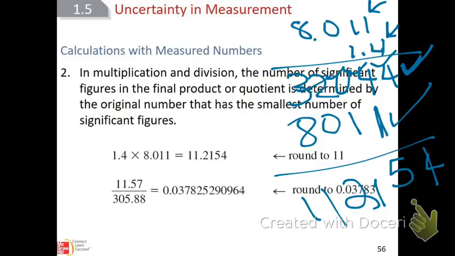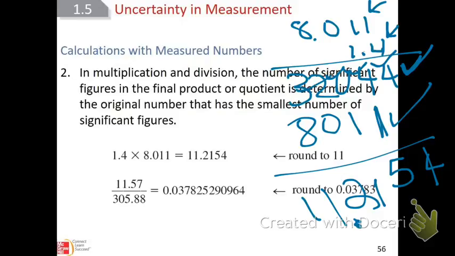Look how many guesses we're going to have. We have 1, 2, 3, 4 numbers past our decimal, so 11.2154. And yet, how many of those are guesses? A lot of those are guesses, and you can only have one guess. So this one is not going to go with how many are past your decimal, like in adding and subtracting.